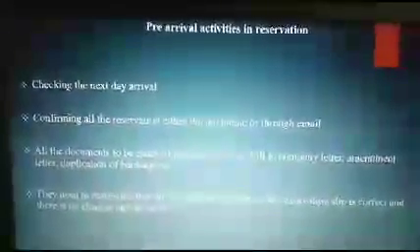There could be an amendment of the arrival date. The guest was supposed to check in tomorrow and is coming maybe the day after tomorrow. That is also an amendment. Or the guest has booked the room on single occupancy and now says he will be on double occupancy. That is also an amendment. We need to make the necessary changes in our software and make sure they have been made in our system.